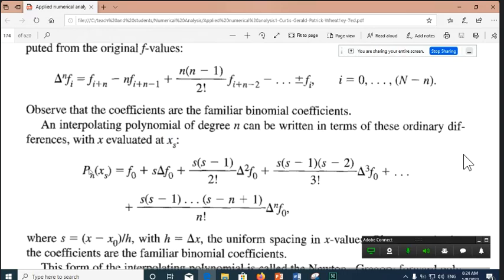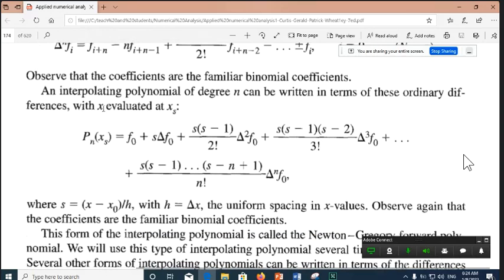For example, Pn xs equals f0 plus s del f0 plus s times s minus 1 over 2 factorial del 2f0 plus so on, and this equation gives us the interpolation by computed ordinary differences of function f.